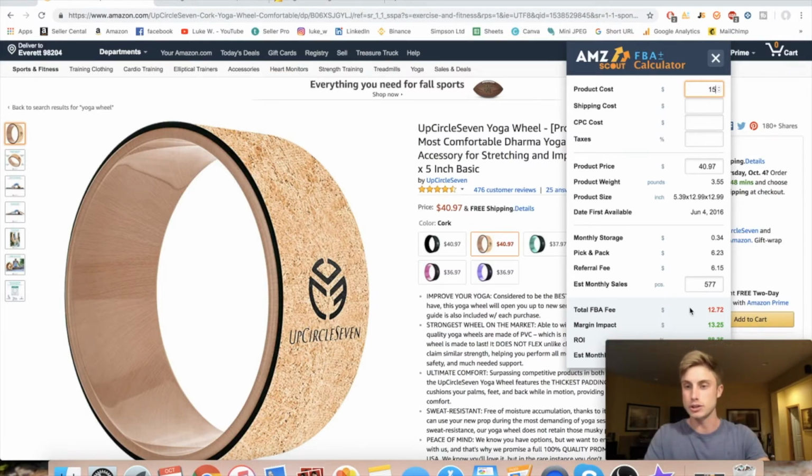So it's going to show us our total FBA fee, which is important to note if you're getting your products shipped out of Amazon warehouses. Amazon takes care of all that, the picking, packing, shipping out to your customers, the customer service, handling returns, everything. And they'll do that for this product for $12.72, which leaves you with $13.25 for every sale that you make.